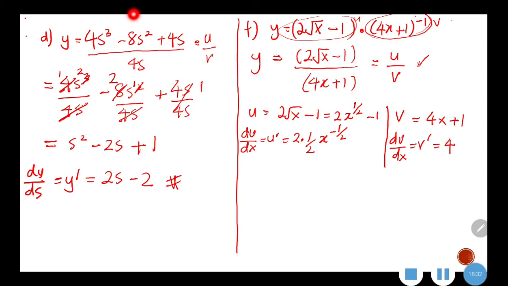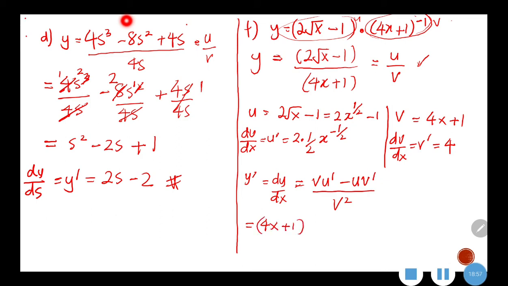Very simple. So, y prime or dy over dx, the formula is, remember, v u prime minus u v prime over v square. Okay, so here the formula is v u prime. What is your v? Your v is 4x plus 1 times your u prime. U prime, this 2 with 2 cancel, right? Just 1.